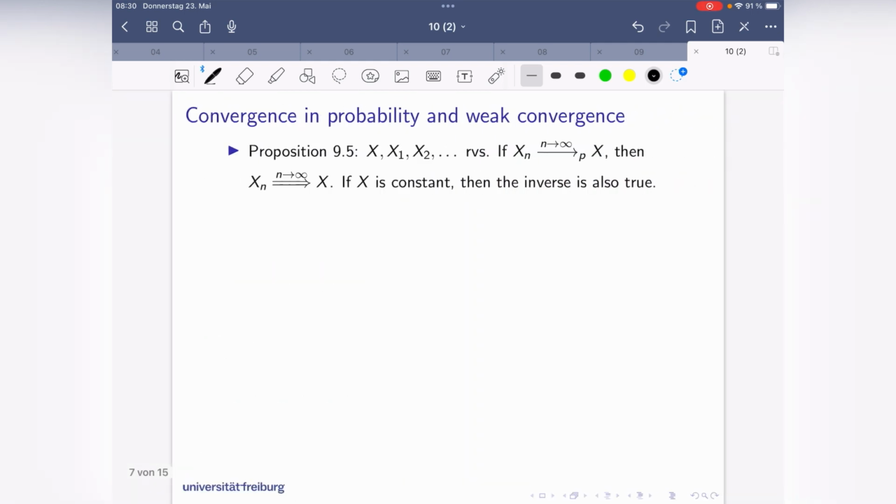For the other direction, I want to show if x is constant and x_n converges weakly to x, then it also converges in probability. And for this, actually, I need a fact.